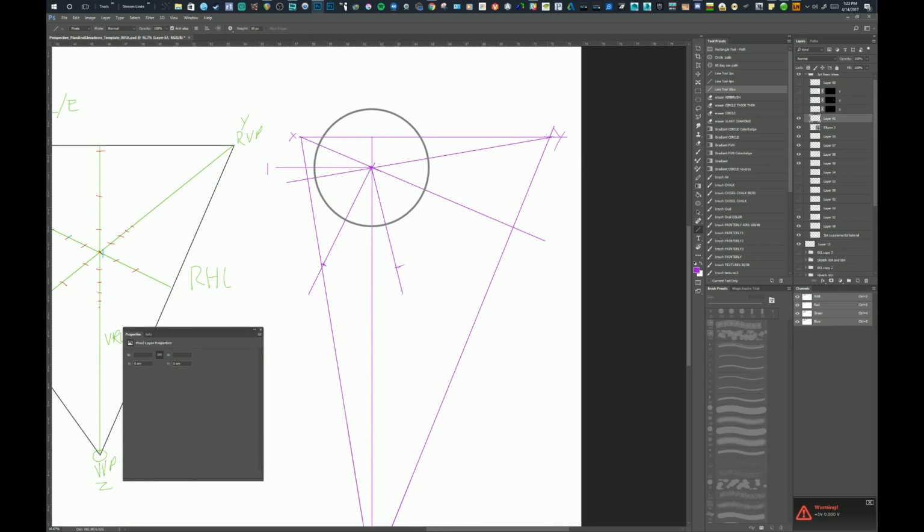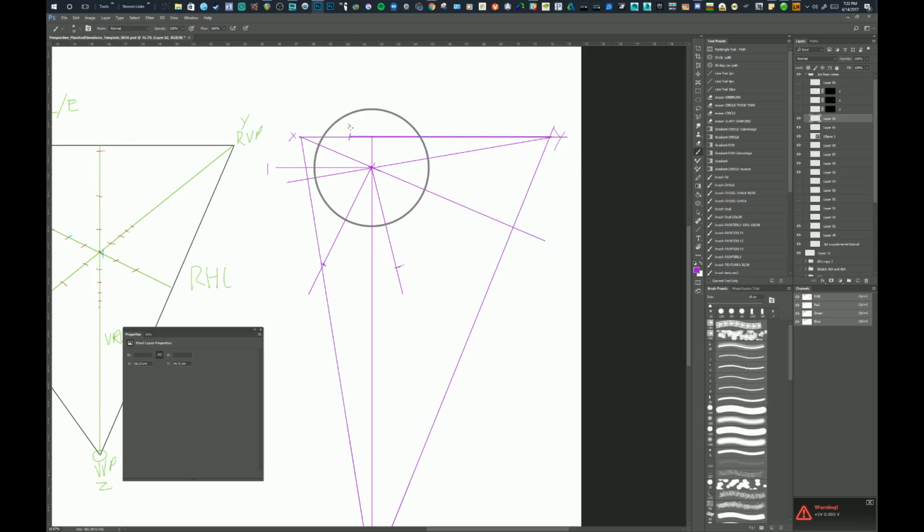Okay. So we'll get rid of those, and then we'll create our measure points real quick. All right, so this is how we do it. Here's our Y reference line, and then here's our Y station point. So we create our Y measure point by taking this distance right here from Y to the Y station point, and we swing that on up past the reference line to the horizon.